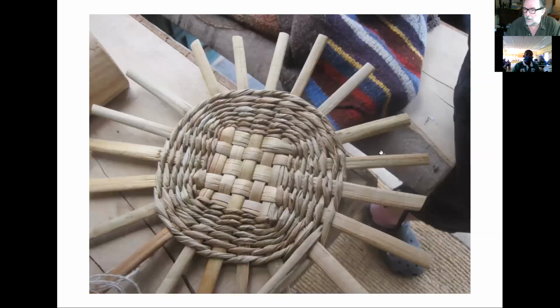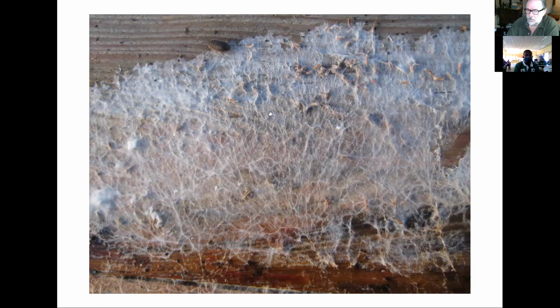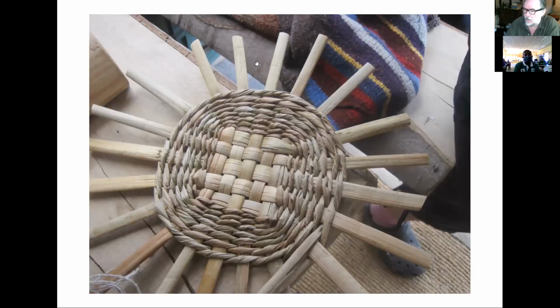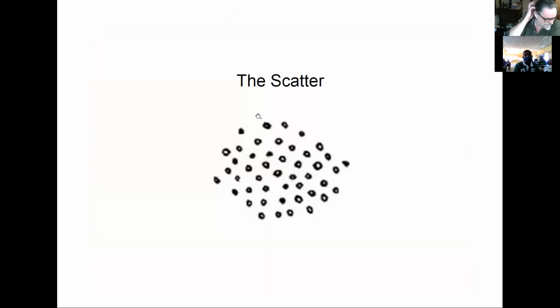This is just weaving out of rushes, and look how, by creating a simple structure, we can weave around it, and as we weave around it, it gets stronger and stronger and stronger. There's real strength and resilience in this pattern, and there's a strength of functionality in this pattern. Okay. The scatter pattern.